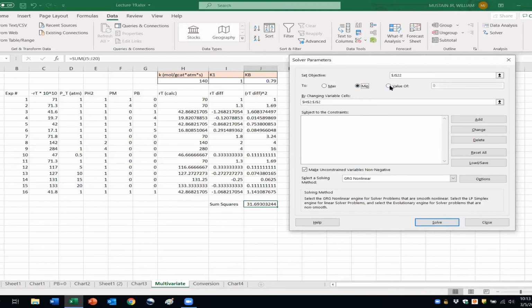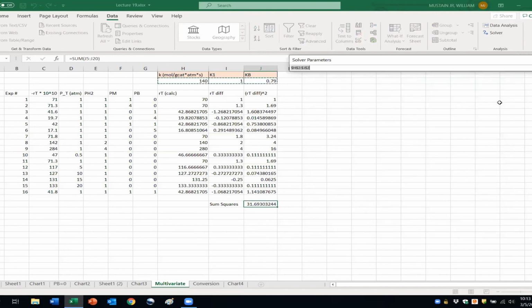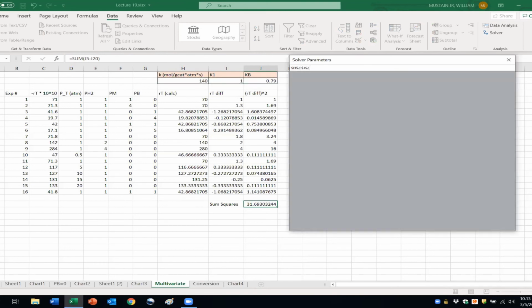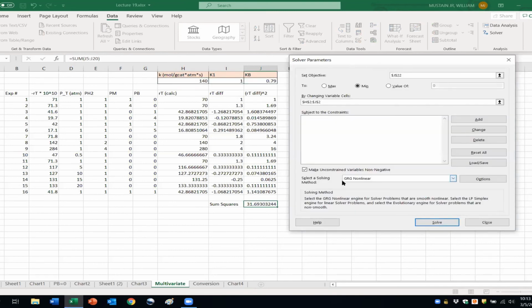Oftentimes when we do these problems, we're interested in the actual value, because we're trying to solve a system of equations. But here we just want to find the minimum value by changing these 3 parameters. In this case, I know that all the values have to be positive, so I'm going to leave this box checked to make the unconstrained variables non-negative. And I'm going to click solve.